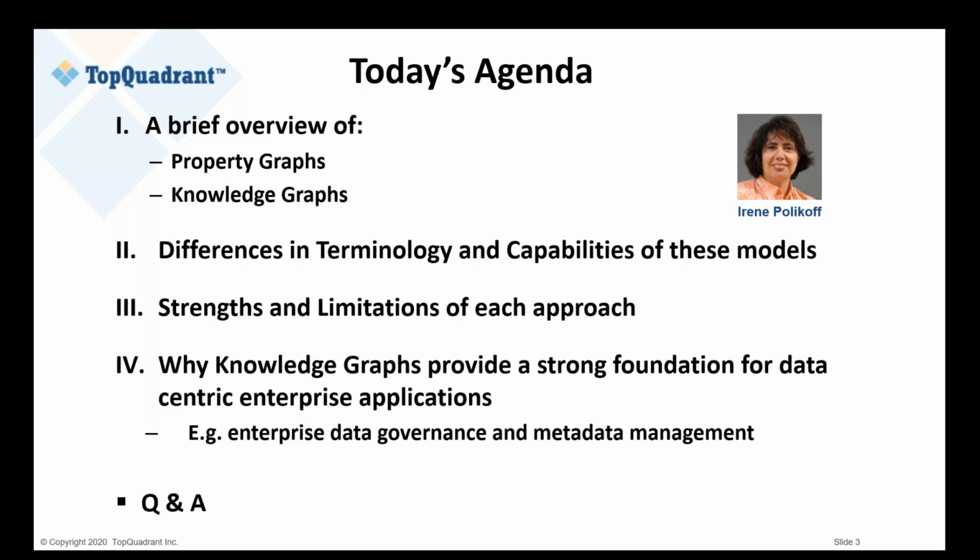And she'll outline some steps to take if you're using property graphs and you want to convert them to knowledge graphs. So with that, I'll turn it over to Irene.